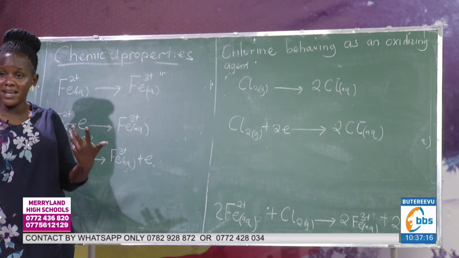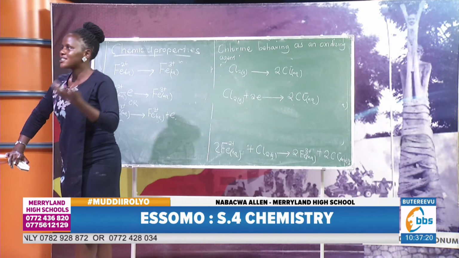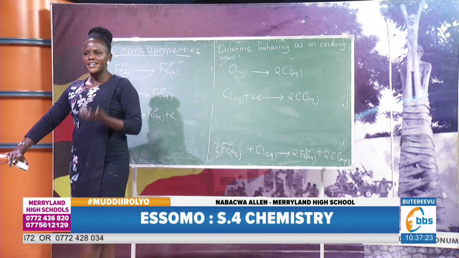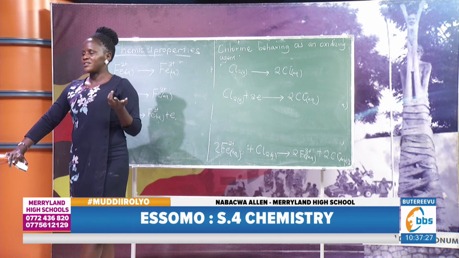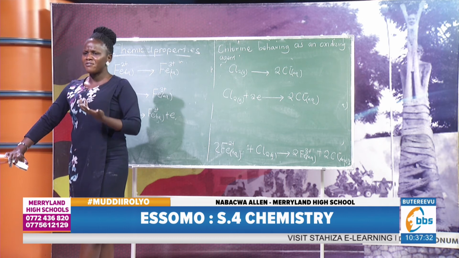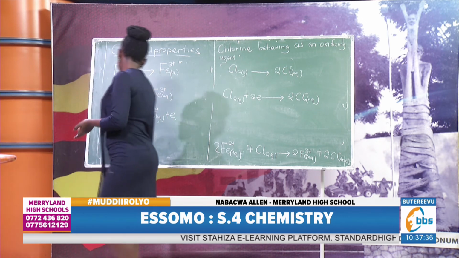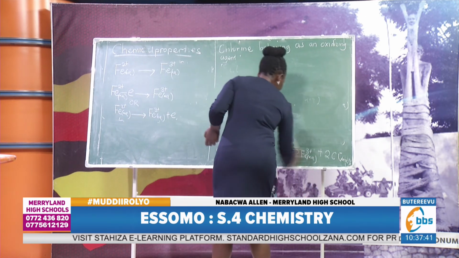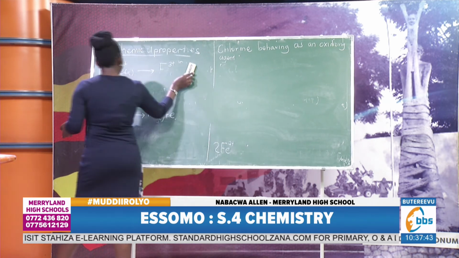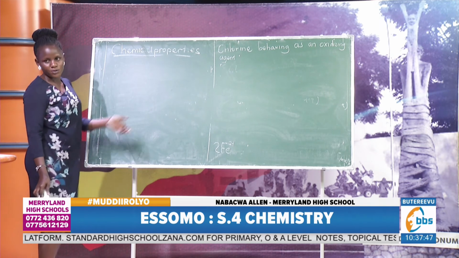And I always tell my students that for some of these reactions it is better to write the ionic equations. They are very simple. You really get to balance them very fast. It's better to write the ionic equations than the molecular equations. Therefore, that was scenario 1. Iron 2 to iron 3. The observation: pale green solution to a yellow solution.